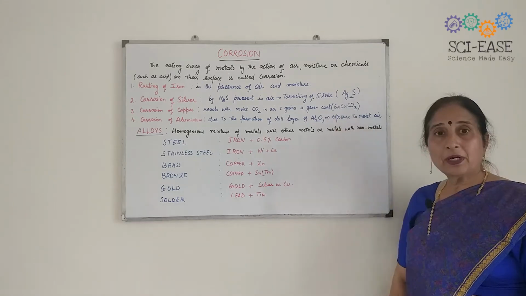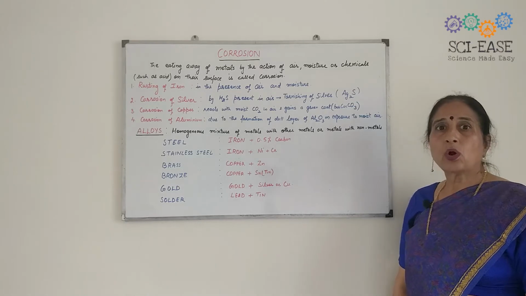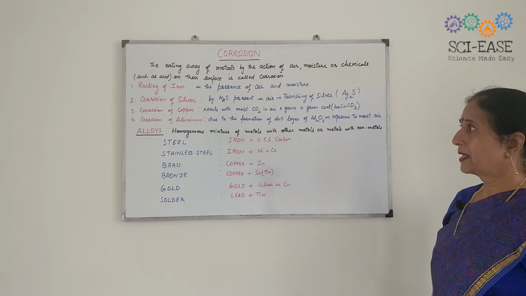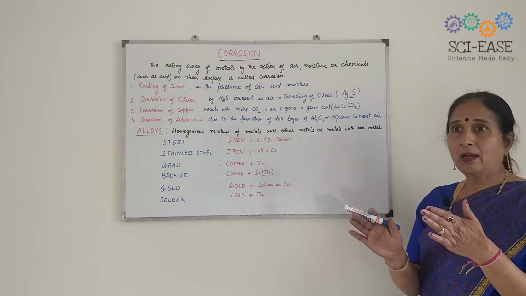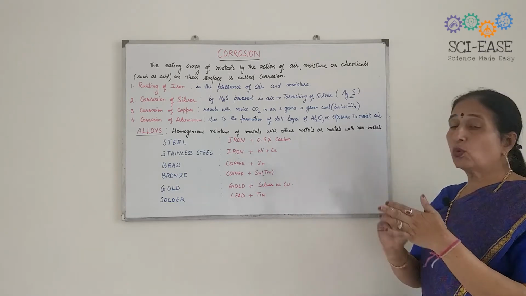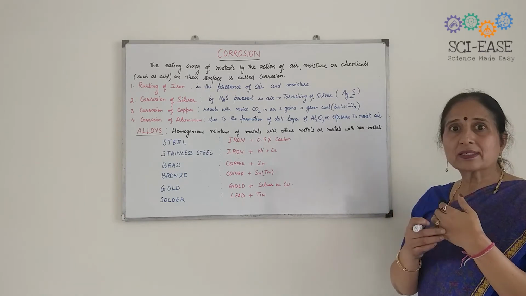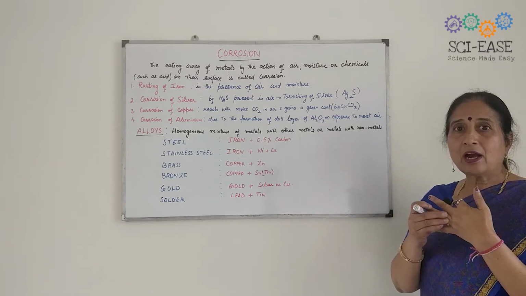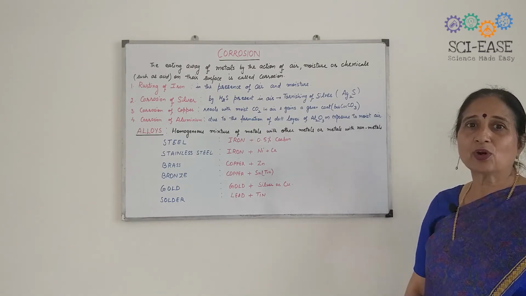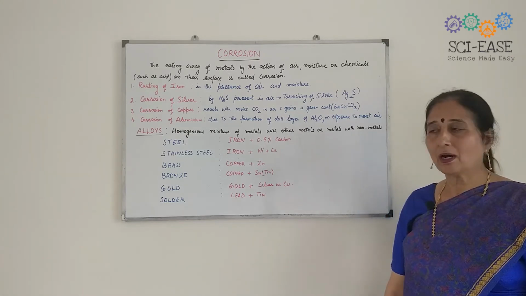What is basic copper carbonate? It is a mixture of copper carbonate and copper hydroxide. So copper will become dull and form a green coating over it. Sometimes we wear copper rings and after some days when we remove the ring, there is green color on our skin. This is due to the basic copper carbonate.